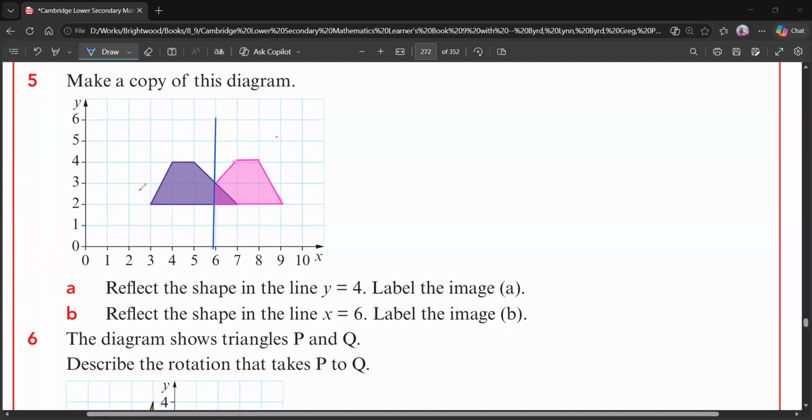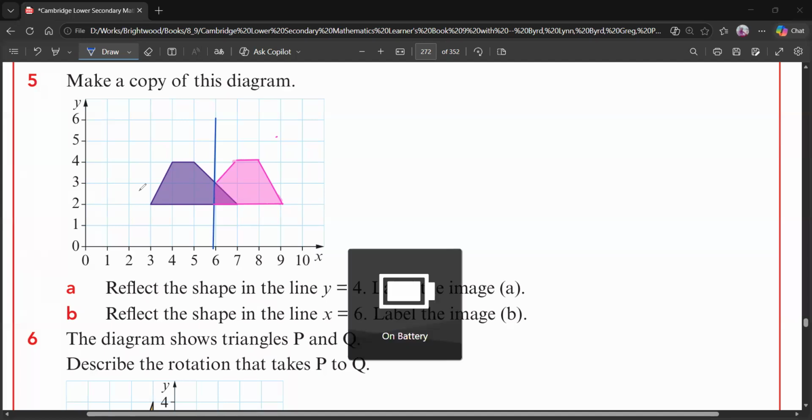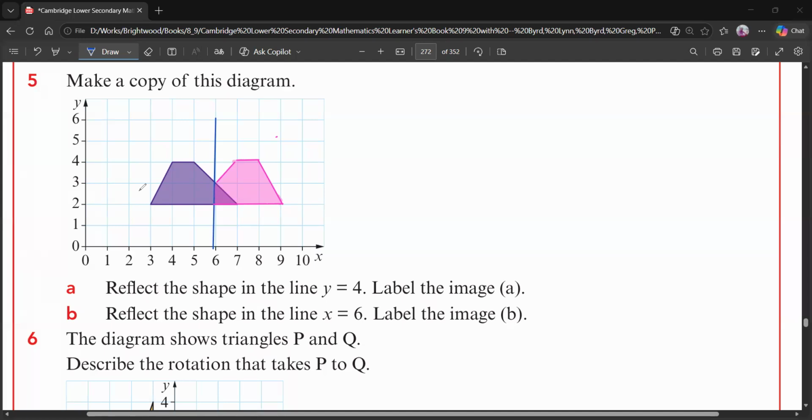Yes. Okay, you can draw like that. You get the idea, no? Yes.